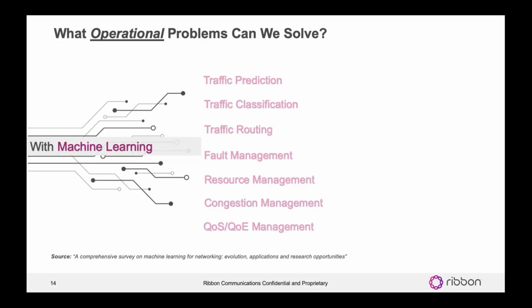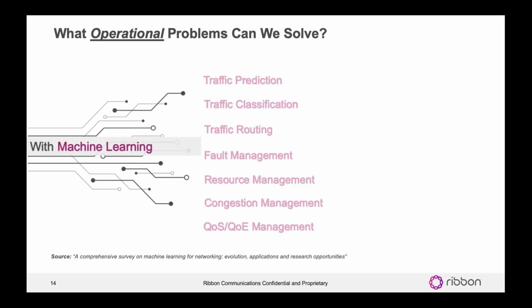Fault management, understanding and isolating things. Resource management, where we are in terms of our consumption pattern, peaks and valleys, how we handle cases where we're overtaxing the network or the underlying equipment and handling that congestion, and how the quality of experience actually reflects across all of these things.